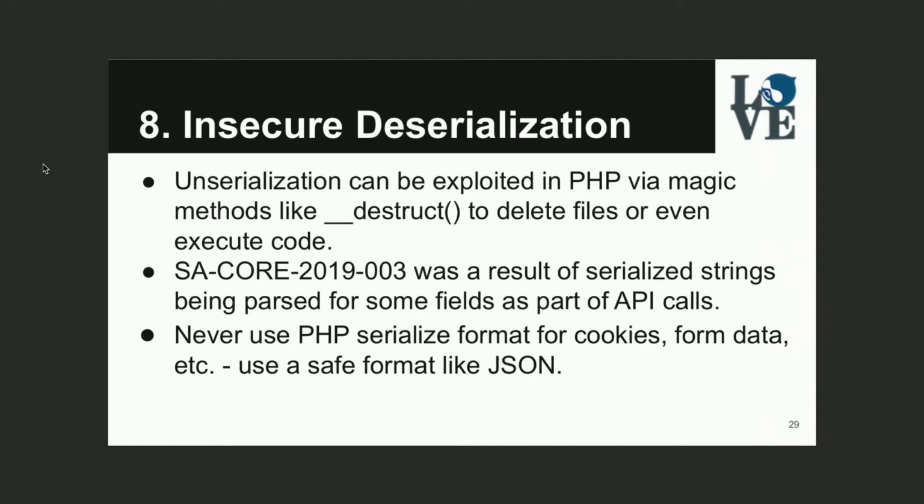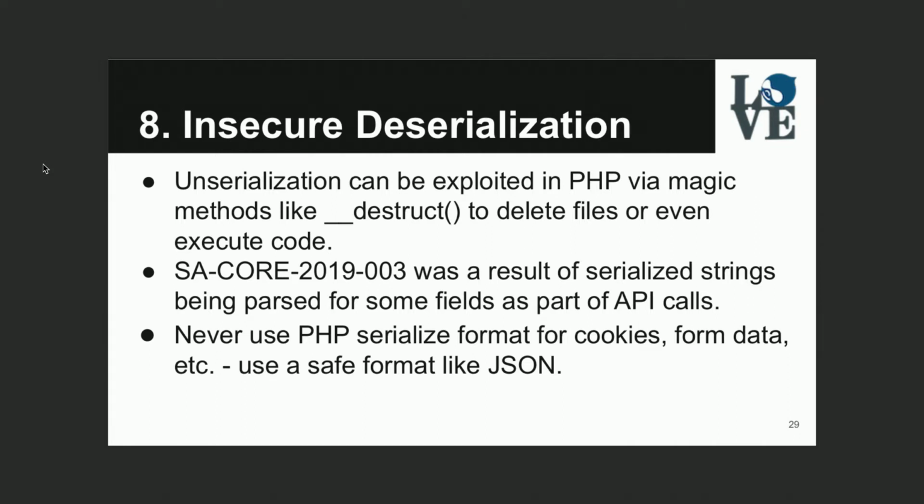So in the example of PHP, there are classes shipped in Drupal core where the destruct method of the object can delete files from the file system. I'm not going to tell you the more severe examples, because I'm not sure they're public, but this one, if you go look for it in Drupal core, you can find a class.